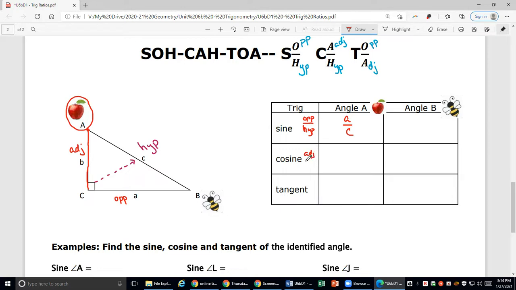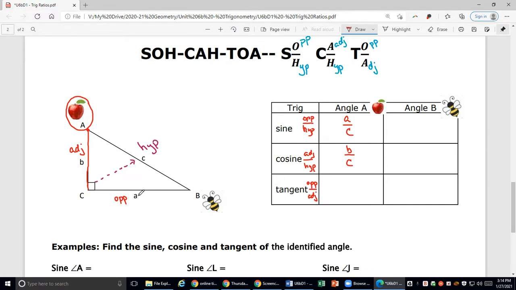My adjacent side is B. My hypotenuse is C. Then my last one, tangent, TOA, opposite over adjacent.